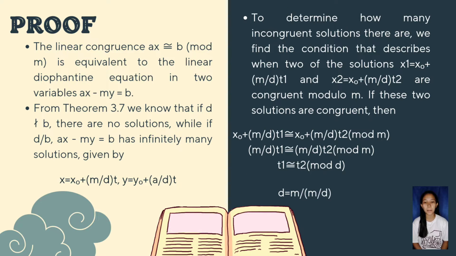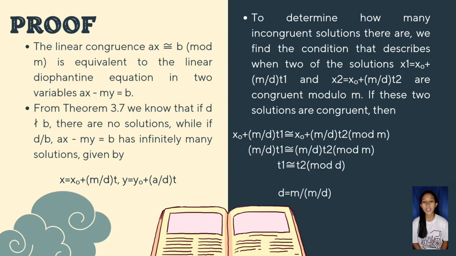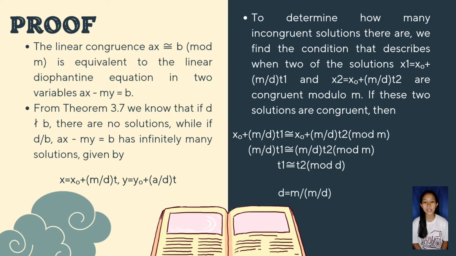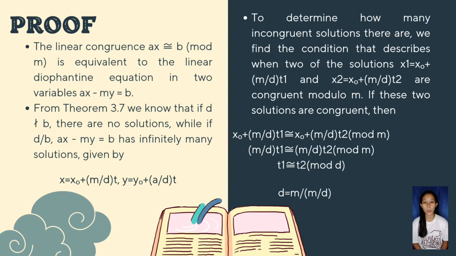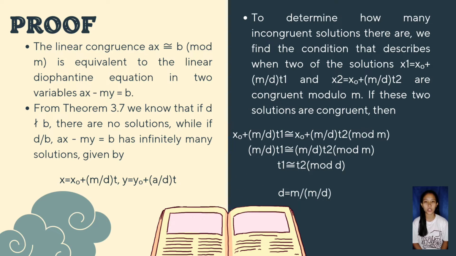From Theorem 3.7, we know that if d does not divide b, there are no solutions, while if d divides b, ax - my = b has infinitely many solutions given by x = x0 + (m/d)t and y = y0 + (a/d)t, where x = x0 and y = y0 is a particular solution of the equation.